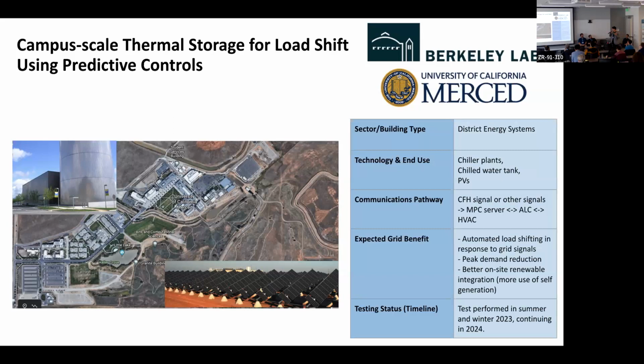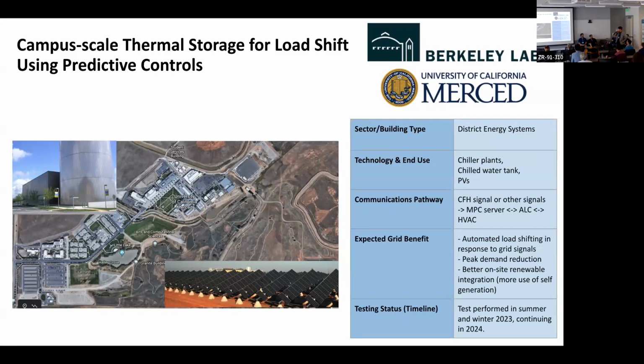How can we operate those systems in response to a grid signal for a cleaner environment? This demonstration project has been worked on with UC Merced, and the picture shows the chiller plant system, and the circular structure shows the chilled water tank.